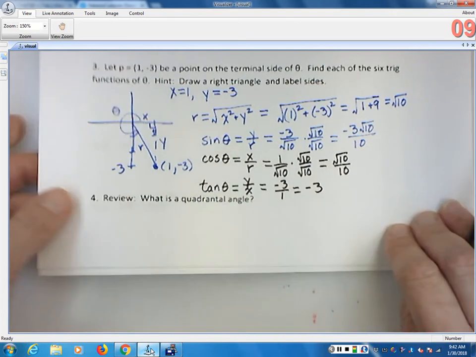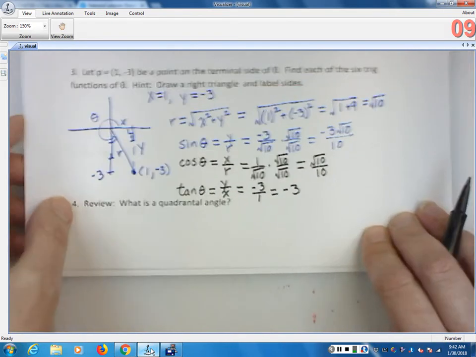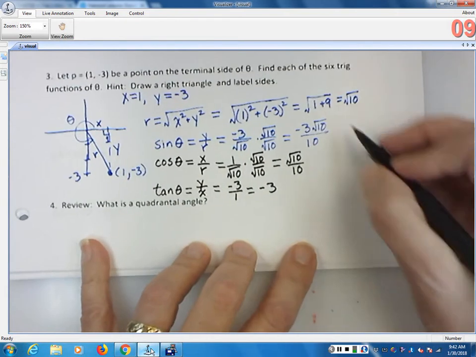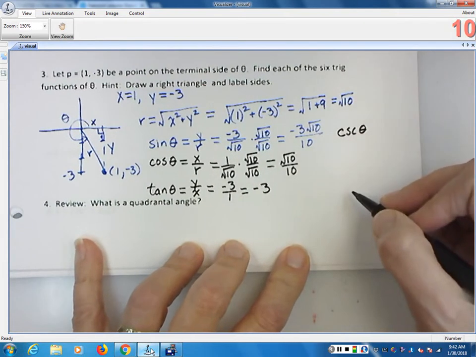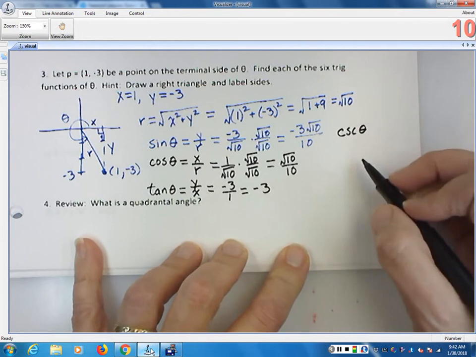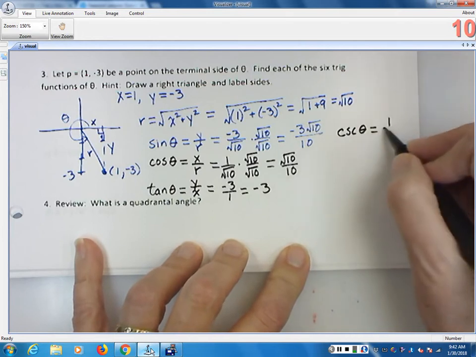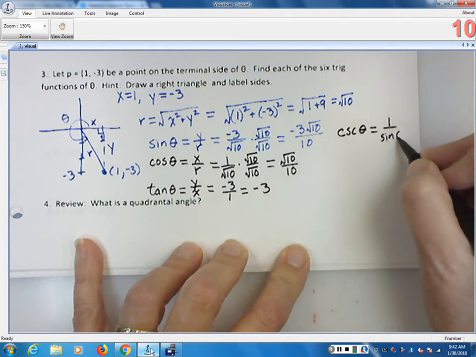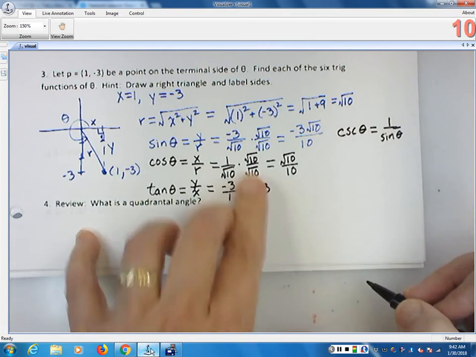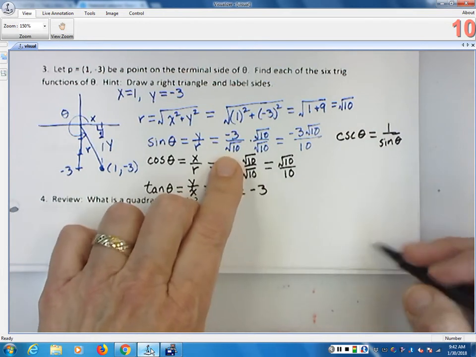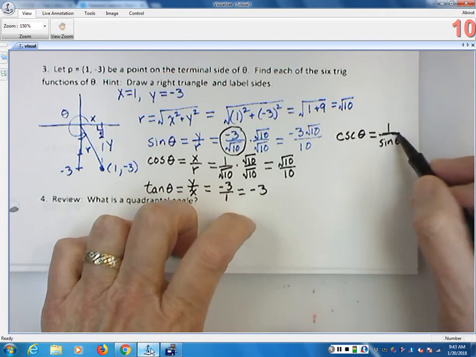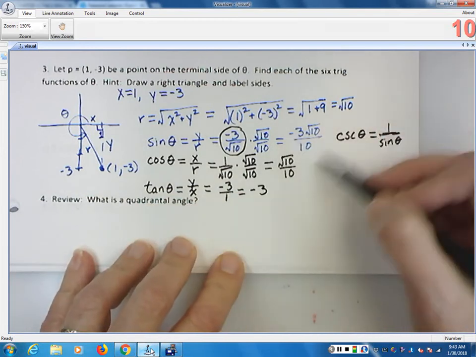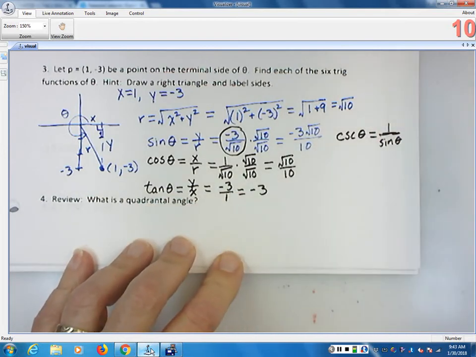Now we need to find cosecant. I find that by using 1 over sine. But I'm going to take the sine back here. 1 over is the reciprocal, so I don't want to take the reciprocal of this and have to rationalize it again.